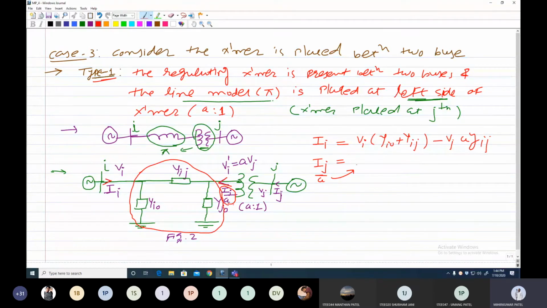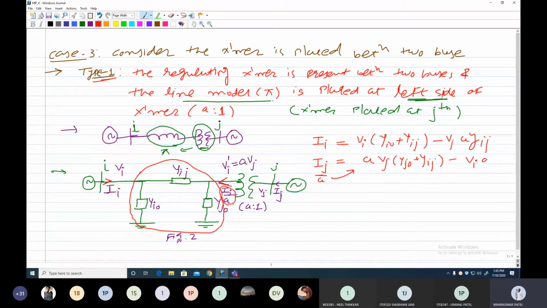Yes, Ij by A, that is Vi dash, or we can say A into Vj, then Yj0 plus Yij, then the minus term Vi into Yij.